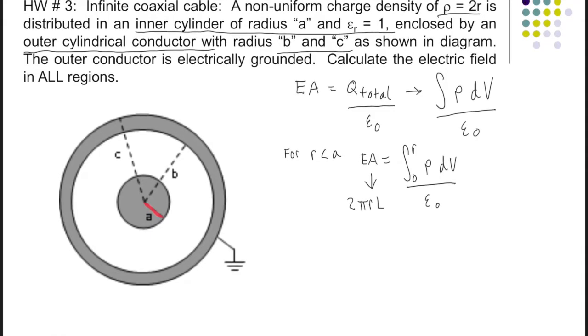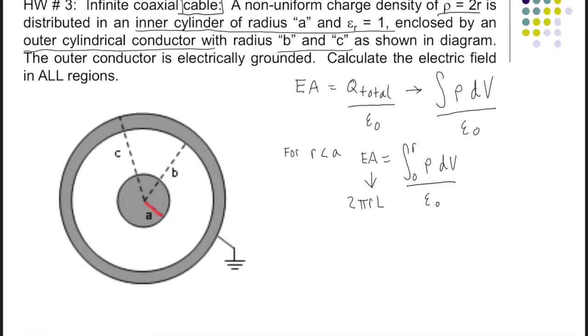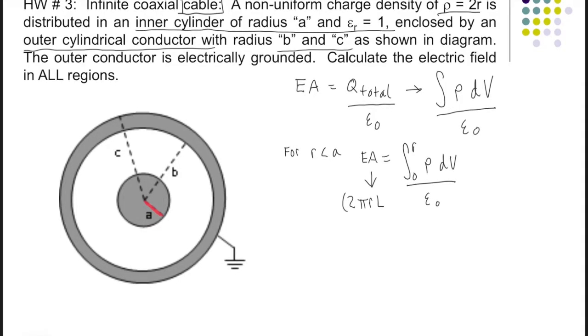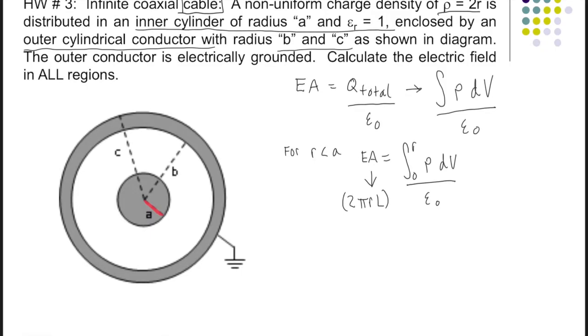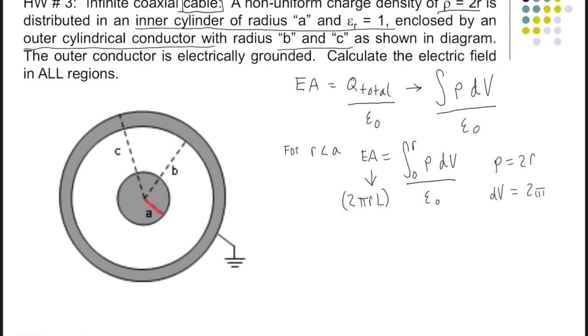This is just the area of a cylinder, and we're using a cylinder for this problem because it's a coaxial cable. So we can just assume that it's infinitely long, and that would be the area of just the cylinder itself. All right, so we substitute 2 pi RL for A. We substitute the charge density for 2r, and we substitute dV for 2 pi RL dr.